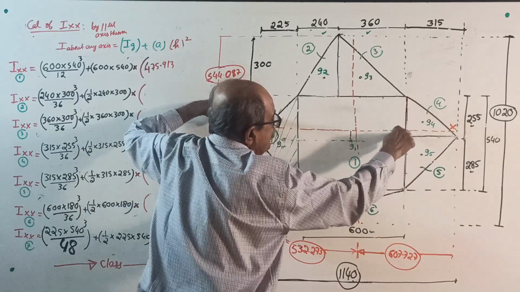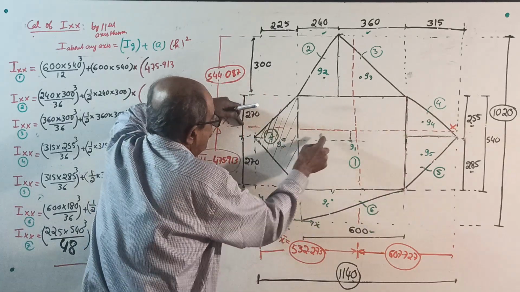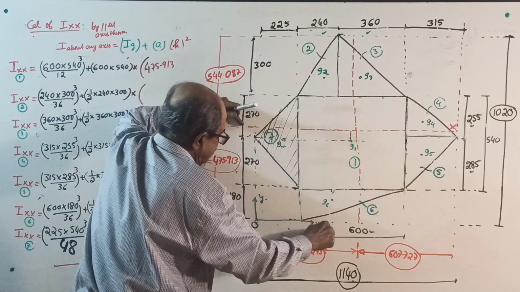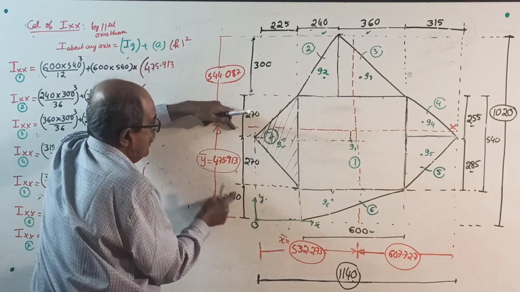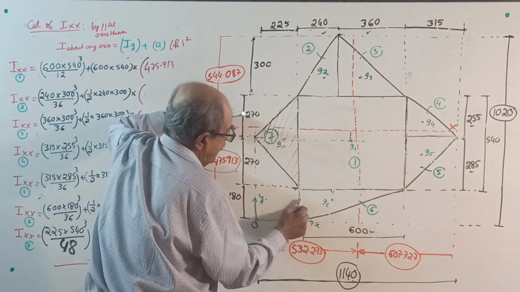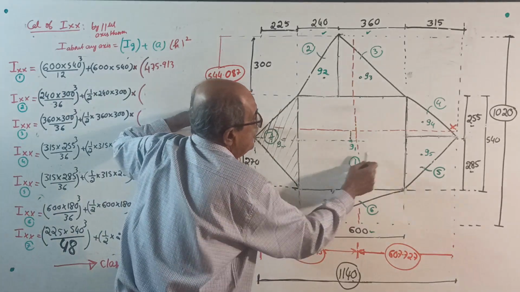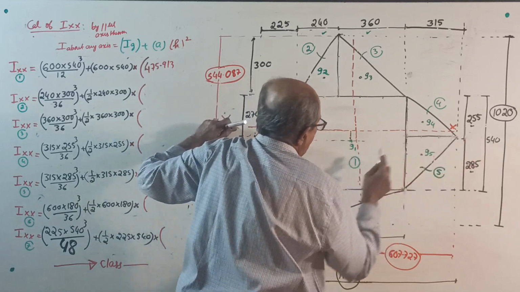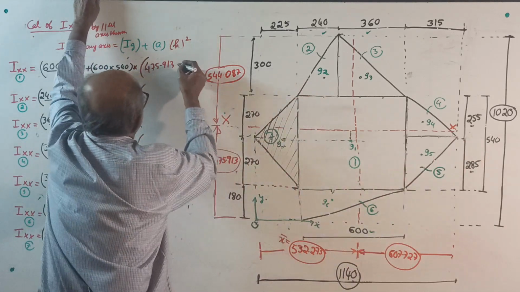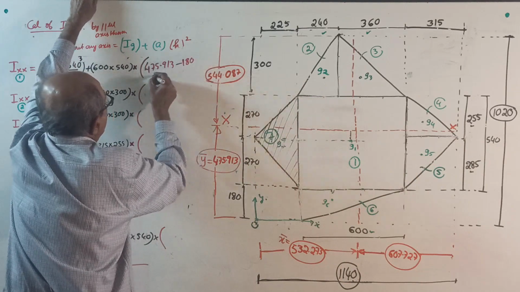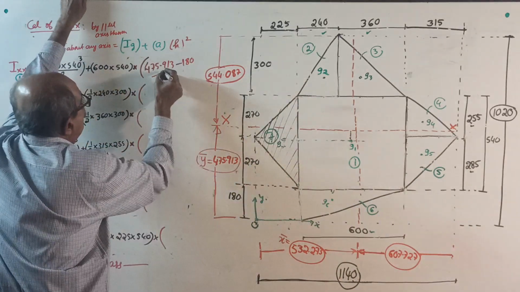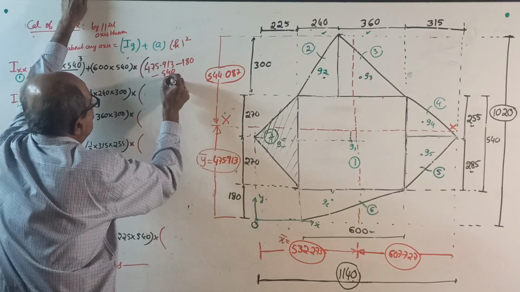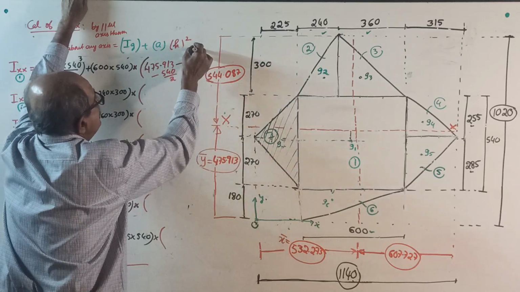So this extreme distance is 475.913 minus 180 minus 540 by 2, that is to be squared.